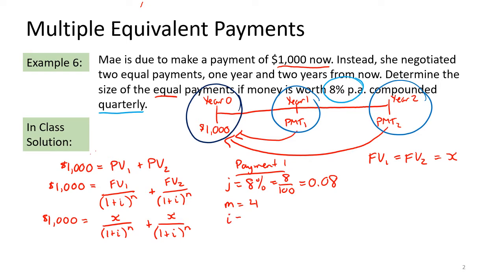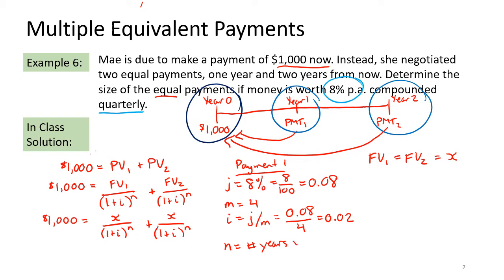So our periodic interest rate is equal to j divided by m, which is 0.08 divided by 4, which is equal to 0.02.